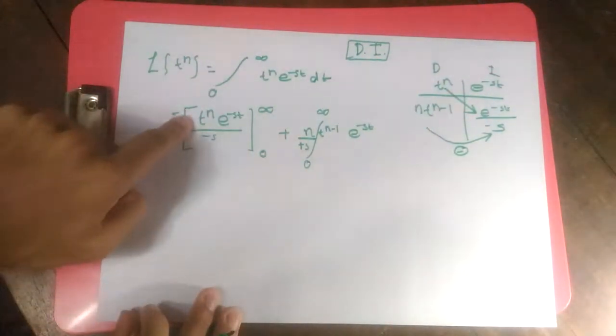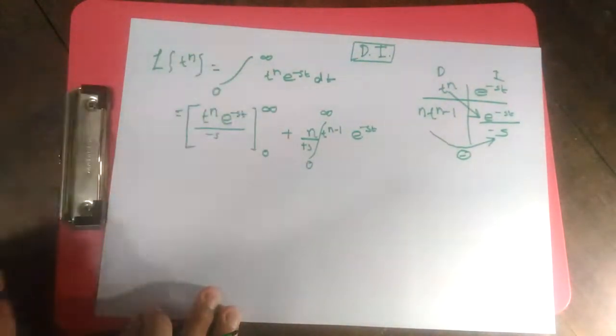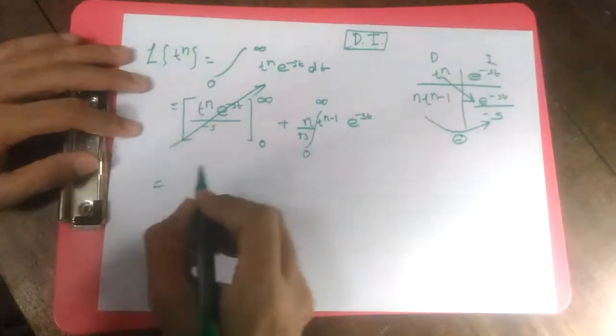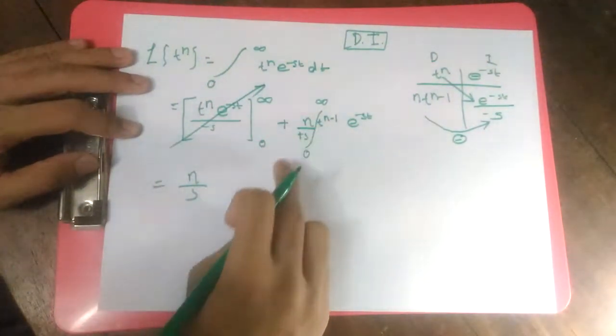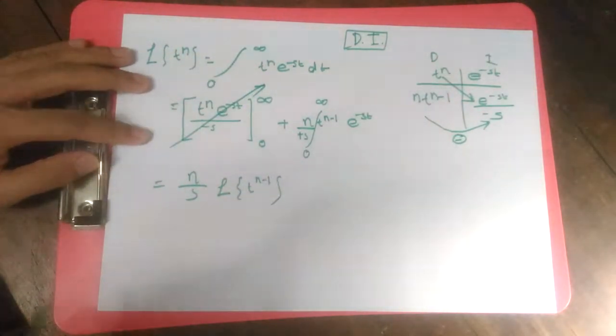Now when you put 0 here, t will make the term 0, and when you put infinity here, infinity will make the exponential 0. So this is 0 in all cases, and this term is simply n by s times the Laplace transformation of t to the power n minus 1.